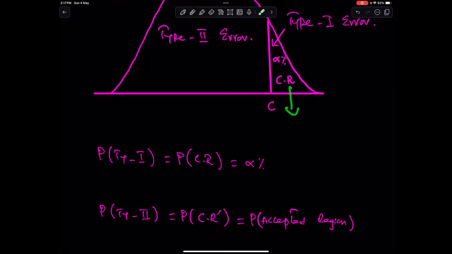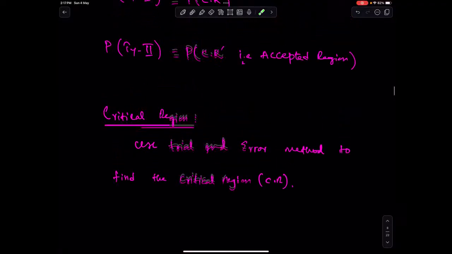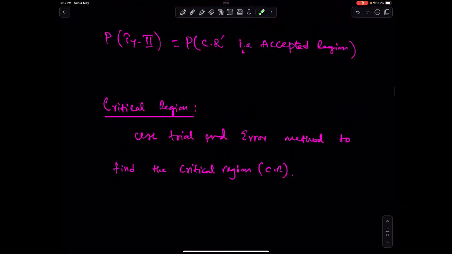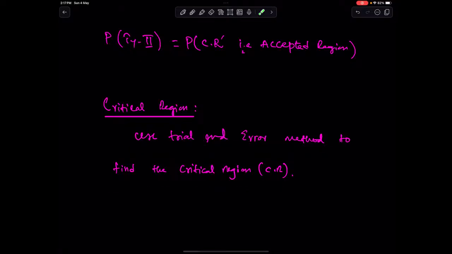If this is 2%, then this answer is 2%. But in discrete distributions, we use trial and error method to find the critical region, and the probability of critical region is the probability of type 1 error.